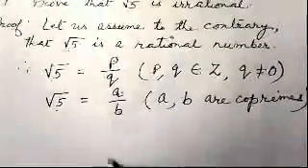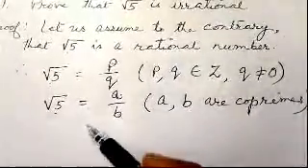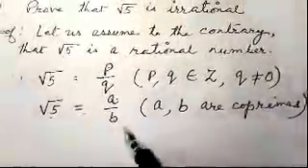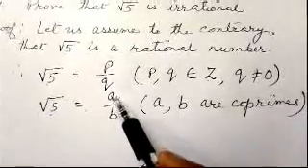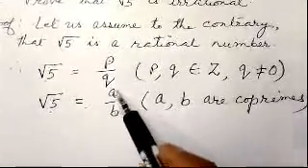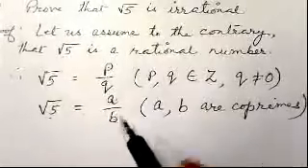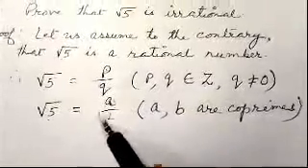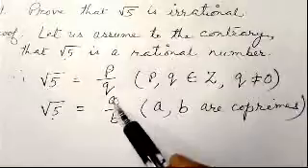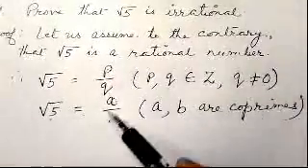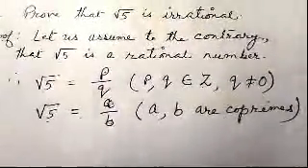Now after this, what are we going to do? We will logically show that whatever we have supposed, that there are no common factors between A and B except 1, is a wrong statement. We are going to get some common factors between A and B. That is what we are going to show. How do we show that?